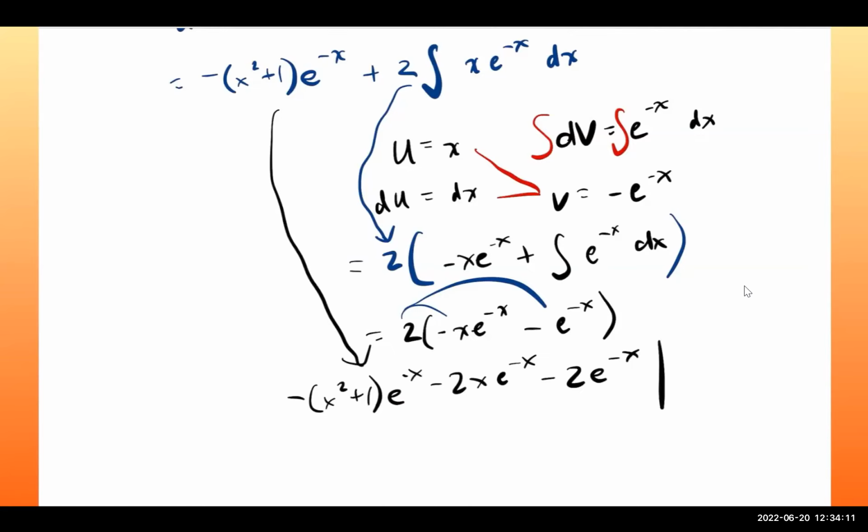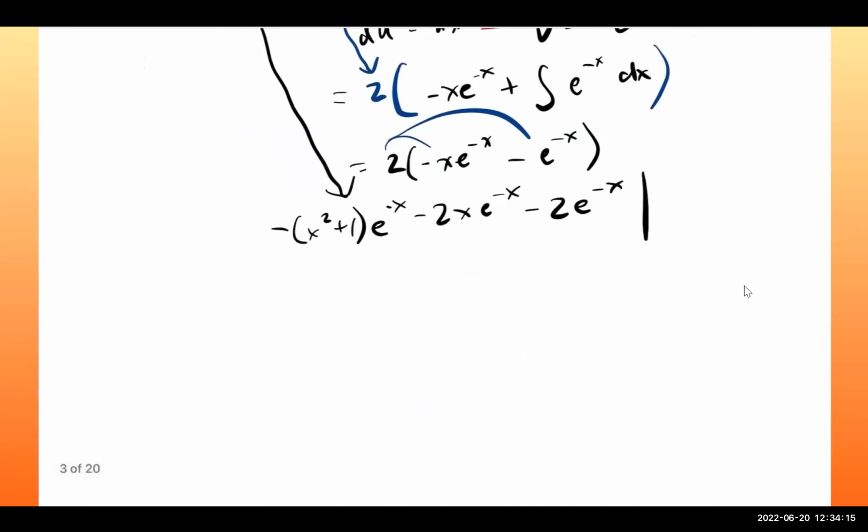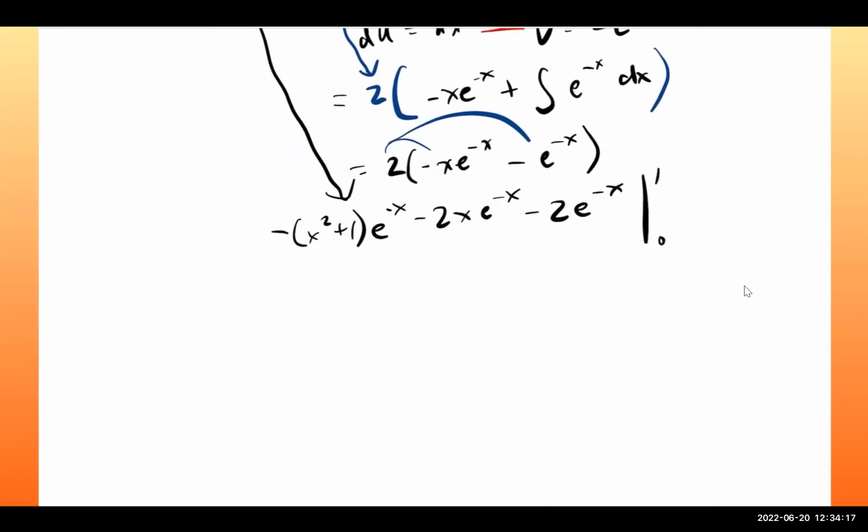And finally, we can evaluate by using the lower and upper limits of integration, 0 and 1. All right, so plug in 1 first, and if you do that, you should get negative 2e to the negative 1 minus 2e to the negative 1 minus 2e to the negative 1.